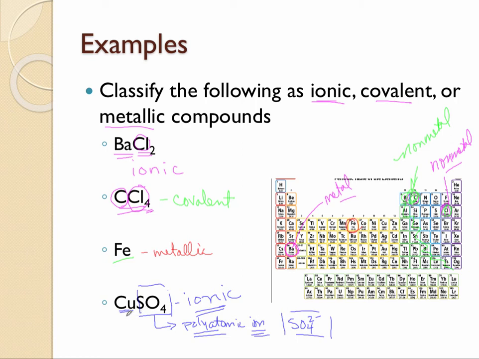For the most part, it is going to be a metal plus a polyatomic. There is one exception, and that's things with the polyatomic ammonium, because it's positive, it would bond with a nonmetal.